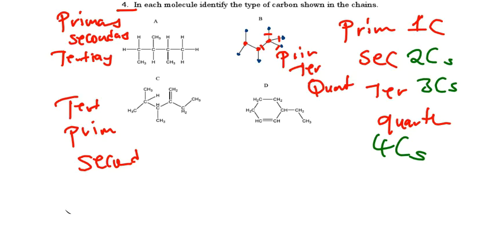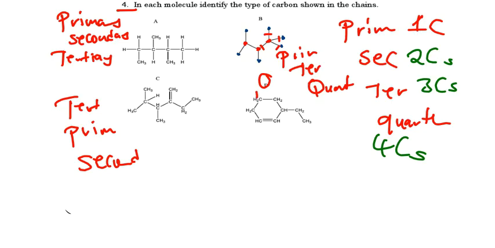So here you can also identify on D. Whenever you have a cycloalkene or alkane, all you have are secondary carbons because they are all connected to 2, one on the left, one on the right, as you can see.